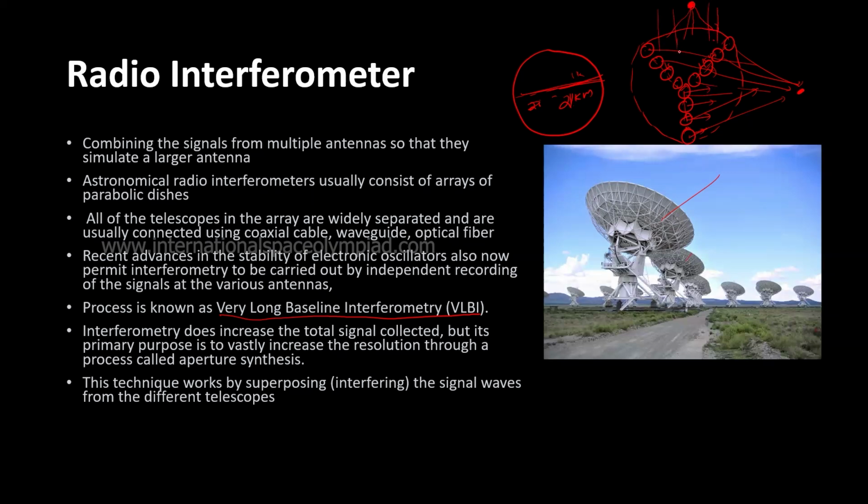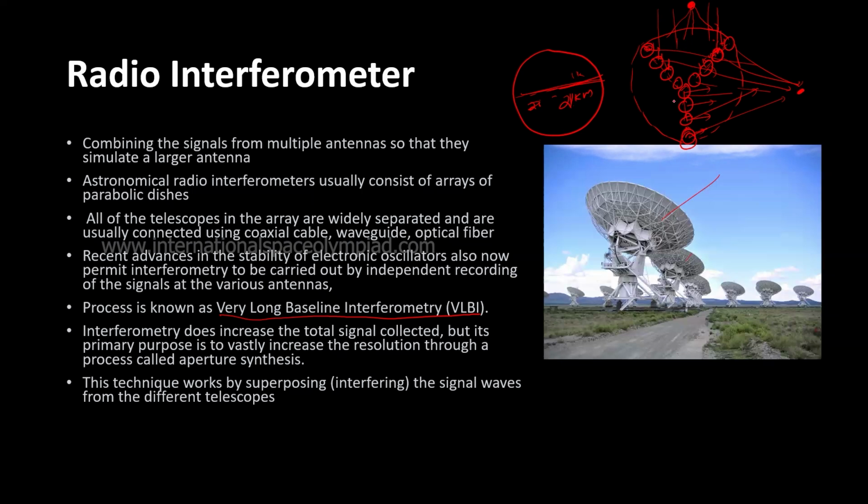But anyway, when it is coming, this telescope will receive that radio wave first, this one will get it a bit later, and this will get it again later, and this telescope will be the one to receive it at last.